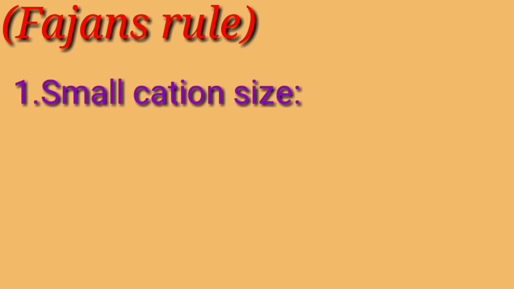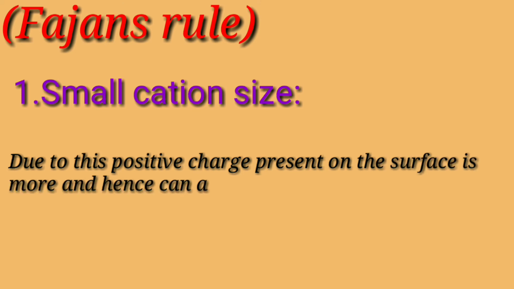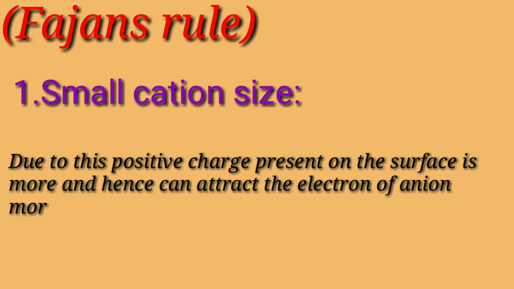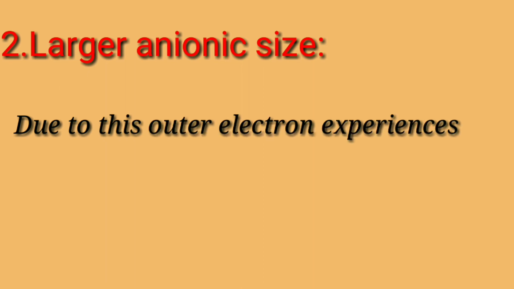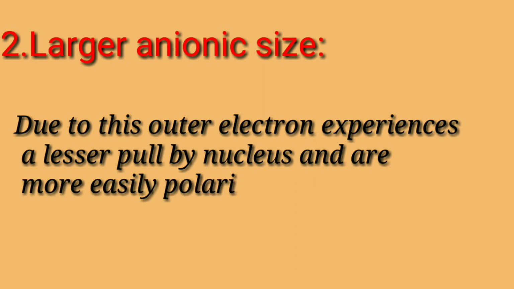First is small cation size. Due to this, positive charge present on the surface is more and hence can attract the electron of anion more efficiently. Second is larger anionic size. Due to this, outer electron experiences a lesser pull by nucleus and are more easily polarized.